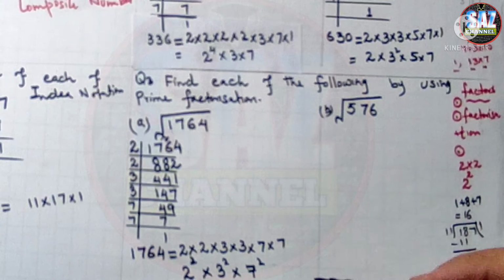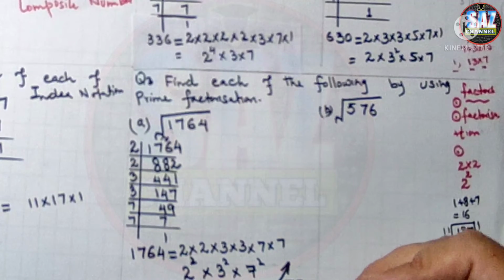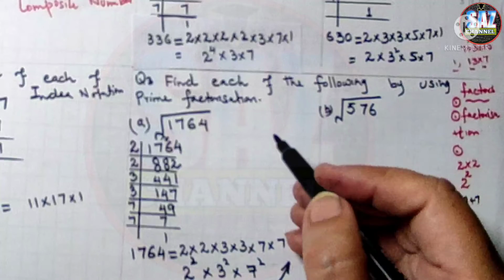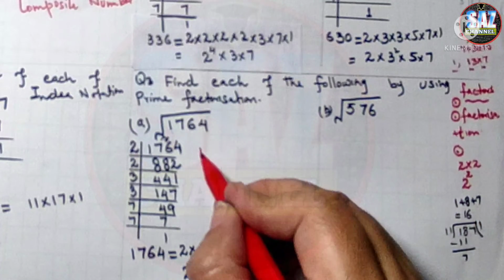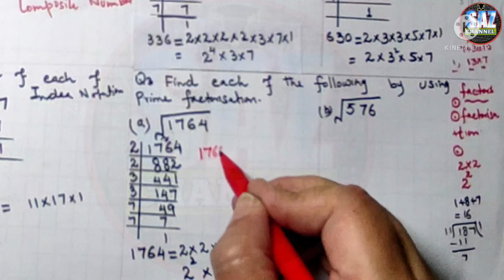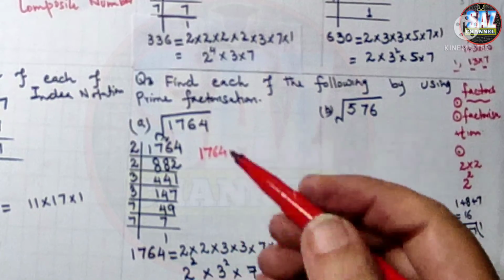Let me go up, because my working is not coming under the camera. 1764: the actual requirement is that we have to find the square root of this. Look, children, do observe my working carefully: in the beginning I'm not putting the square root symbol here.